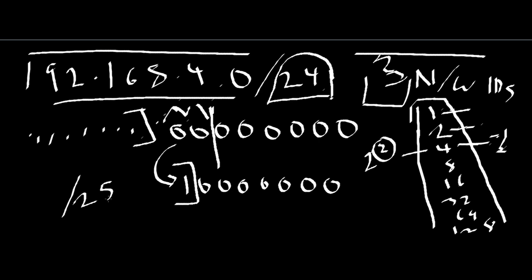So in order to really get our three network IDs, take note, this bit is either a 0 or a 1. We have only two options, so this is essentially equal to 2 to the power 1. But what we want is 4 addresses. So how about this instead? Right?